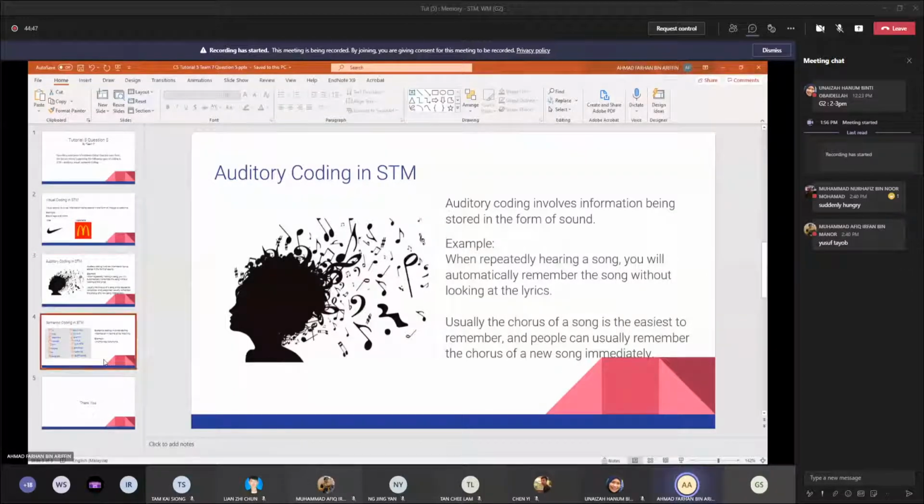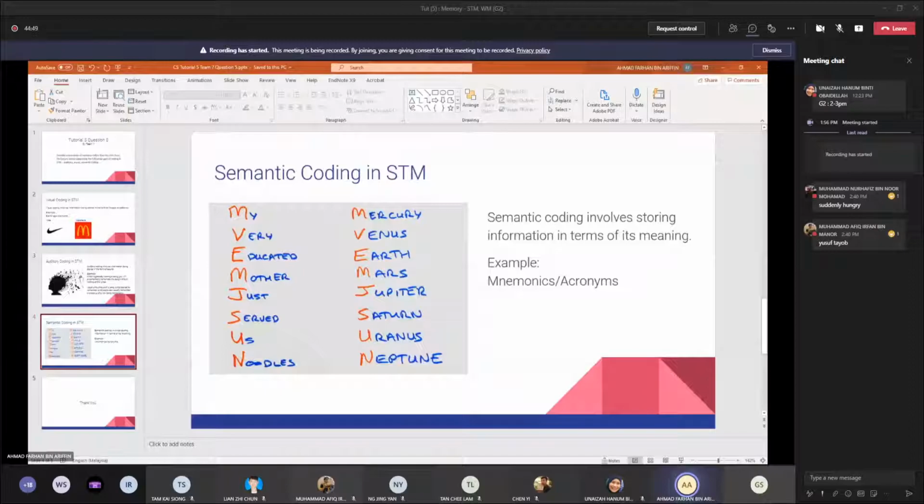And last but not least is semantic coding. Semantic coding involves storing information in terms of its meaning. The example here is mnemonics or acronyms. It's one way to help encode simple material into memory. A mnemonic is any organization technique that can be used to help remember something.